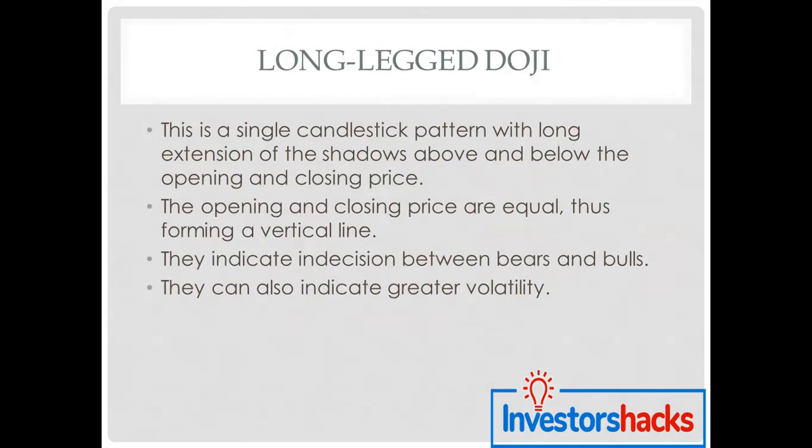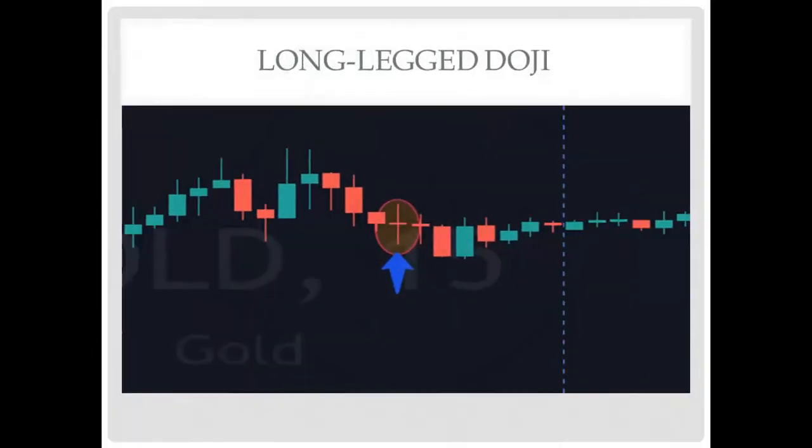The opening and the closing price are equal, thus forming a vertical line. I'll be able to show you what this means exactly. They indicate indecision between bears and bulls. They can also indicate greater volatility.